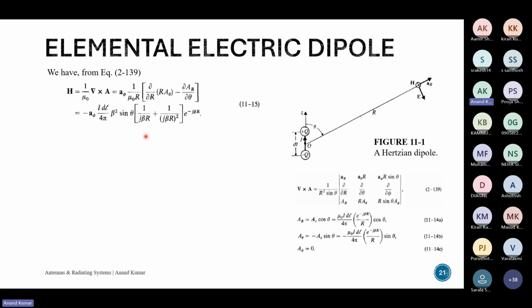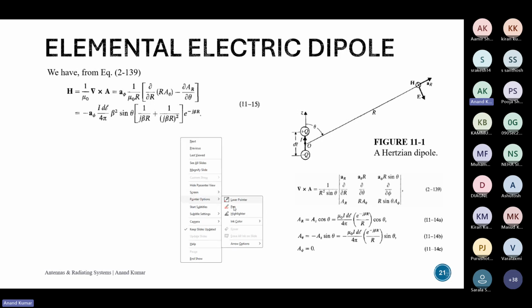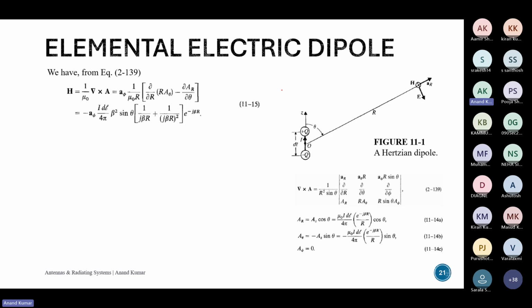The next step is finding the magnetic field. I'll shift to a pen. We defined I, and then we defined A, and now we have to do H. This was in X, Y, Z, and then we move to R, theta, phi.